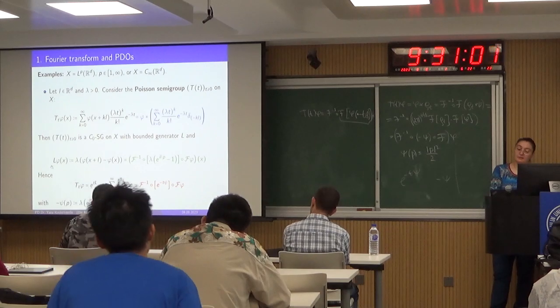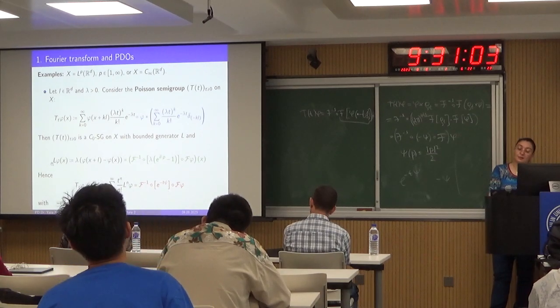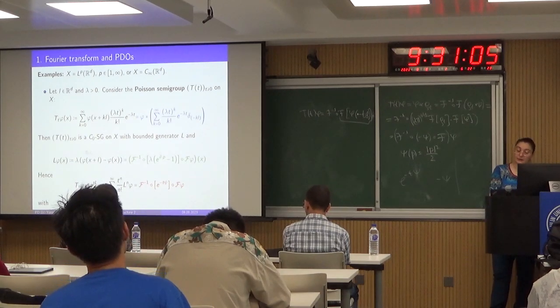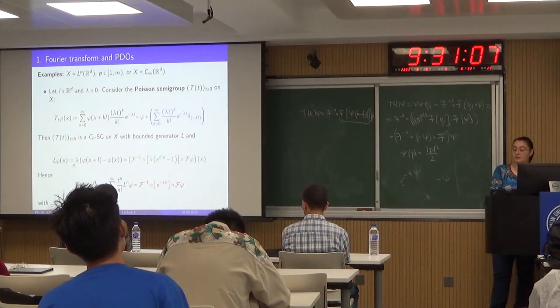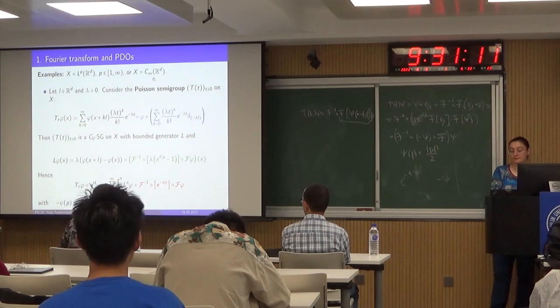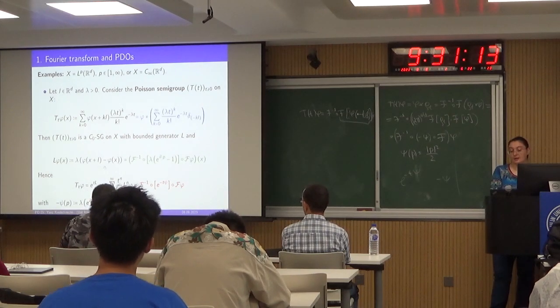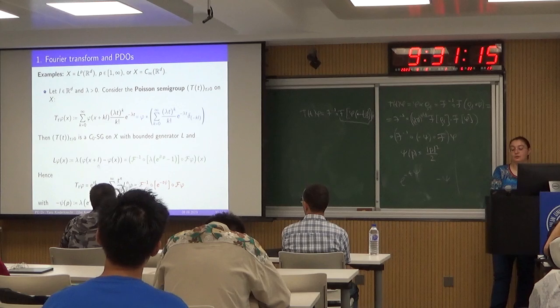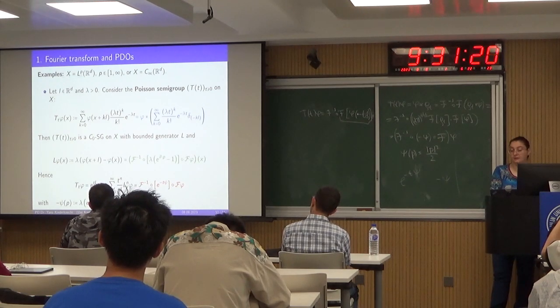So one can easily calculate the generator, and looking at the generator, you see that this is a bounded linear operator in all of these spaces. So this expression is well defined for each element phi of any Banach space X given here.